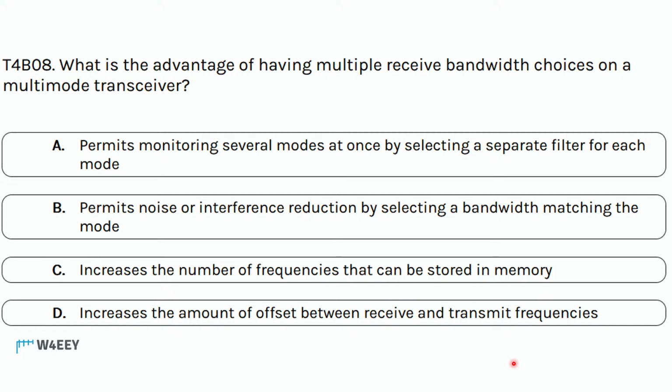No. You're not going to be monitoring a Morse code signal and a single sideband signal at the same time. Go down one. It permits noise or interference reduction by selecting a bandwidth that is matching the mode that you're trying to use. So if you've got single sideband, you want a 3 kilohertz filter. For Morse code, you want maybe a 200 hertz filter.